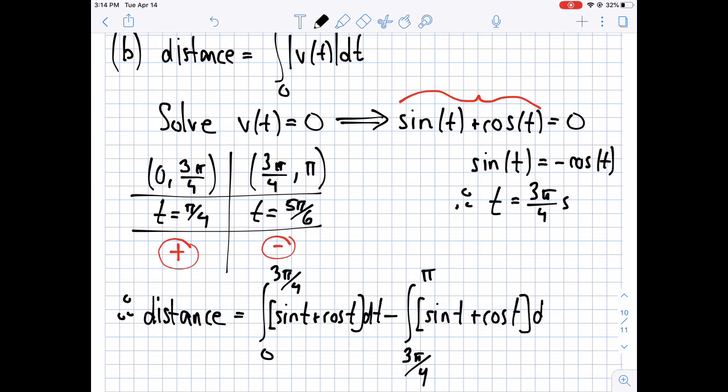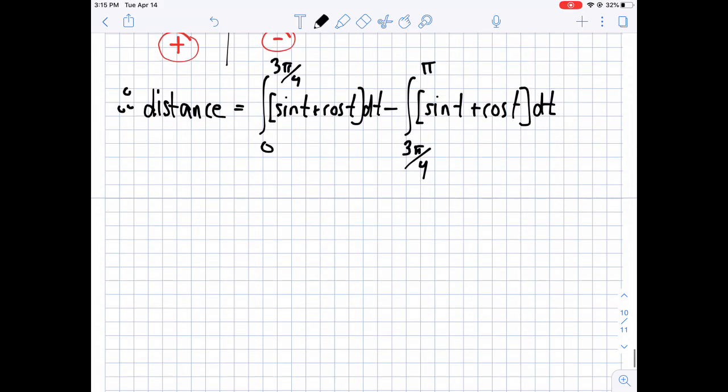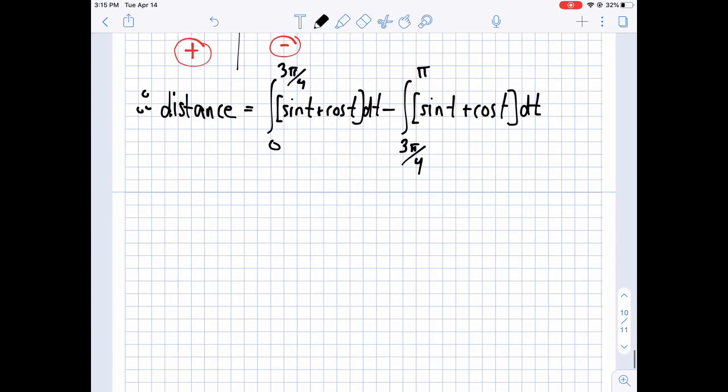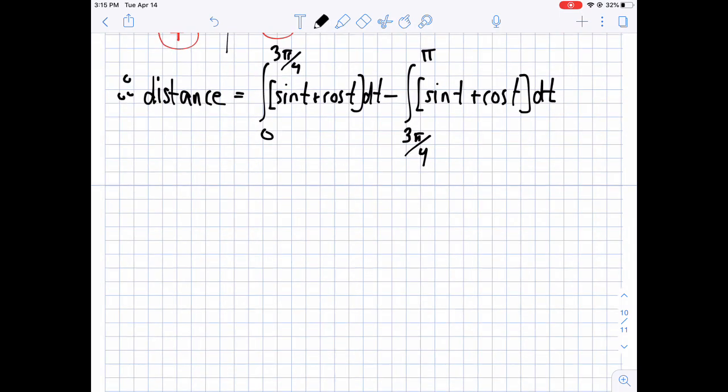So now let's go actually use FTC2 and figure out what we get. So here, looking at the first integral, we know our antiderivative. It's going to be negative cos of t plus sine of t.